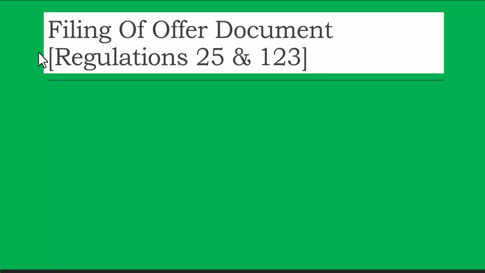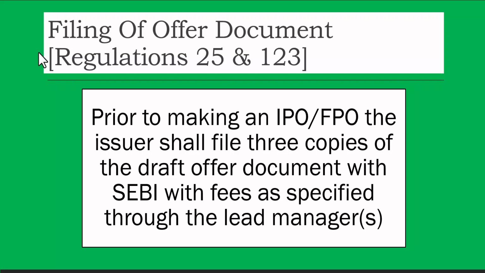Prior to making an IPO or FPO, the issuer shall file 3 copies of the draft offer document with SEBI with the appropriate fee, which has to be filed with the help of the lead manager or the merchant banker. So the company has to file a draft offer document in 3 copies with SEBI, and pay the necessary fees, and that is done with the help of the merchant banker.